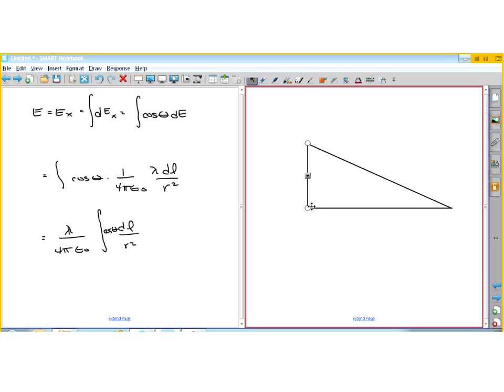So this is theta, this is r, this is a, this is x. So the cosine of theta, in terms of these distances, is x over r, adjacent over hypotenuse. We also know that r is equal to the square root of a squared plus x squared. So r squared is a squared plus x squared.